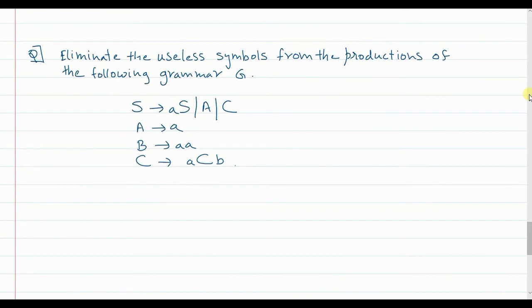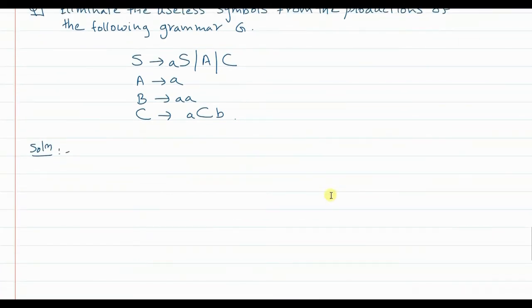In the next problem that is given to us, we are supposed to eliminate again the useless productions in the following grammar. S gives AS or A or C, where capital S, capital A, capital C are all non-terminals, whereas the terminals are a and b. Okay, so again, how to begin? The very first step involves identification of non-generating symbols.